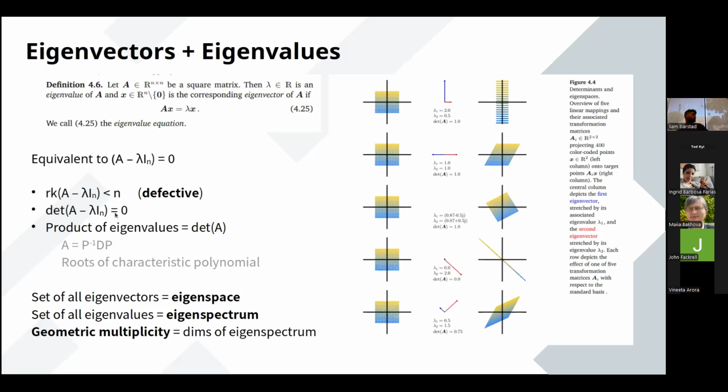So it follows that the rank of A minus this eigenvalue times the identity matrix is now less than n. So it's less than the rank of A, because multiplying an eigenvalue by the identity matrix and subtracting it makes this system of equations, or this matrix A, linearly dependent.